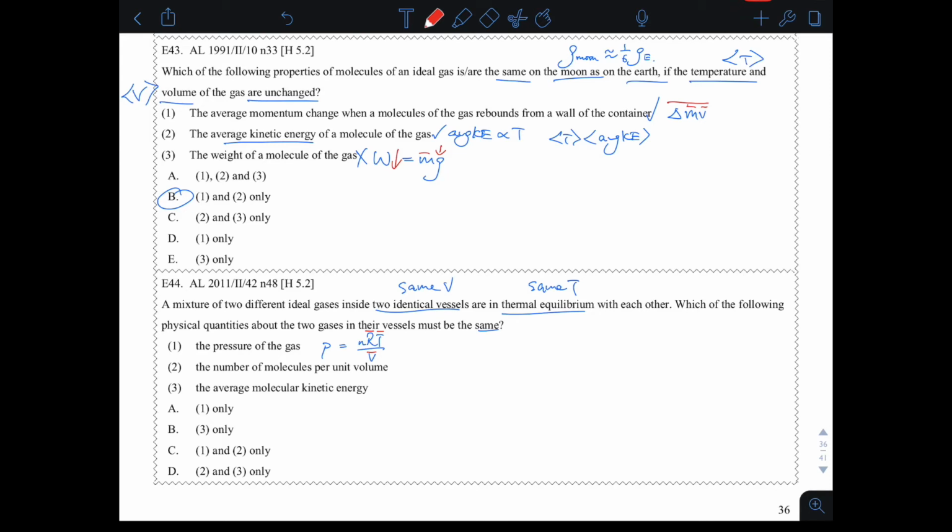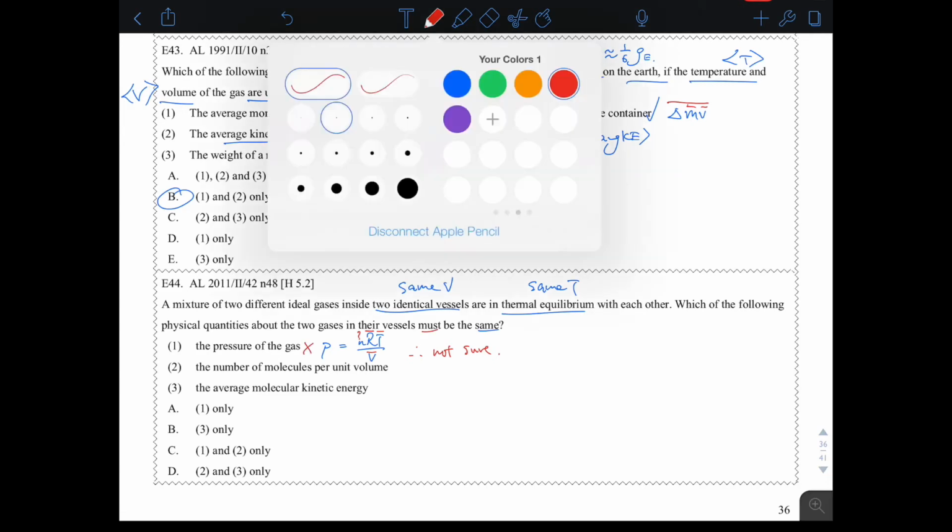But we never mentioned that we put the same amount of ideal gas inside the vessel. Because we don't know the number of moles, we are not sure about this, so it is not a must to be the same.